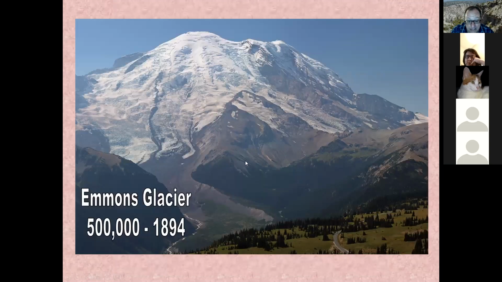On Mount Rainier, there is a glacier. About 500,000 years ago to 1894 has formed. So again, if you like glaciology, you can also see that on Rainier.